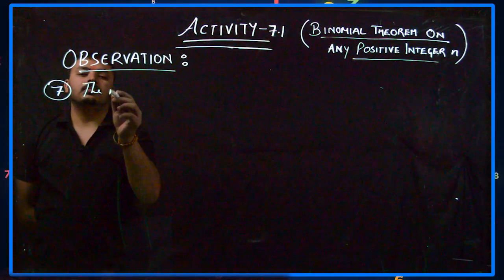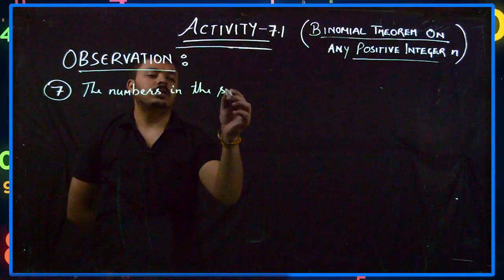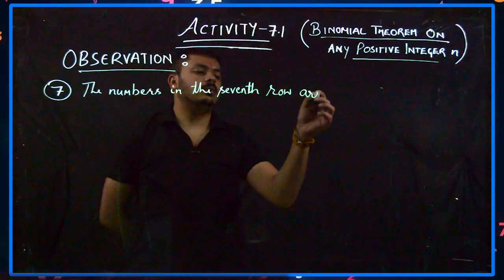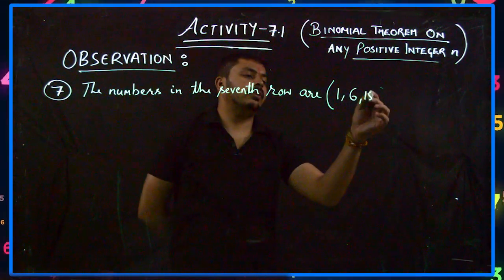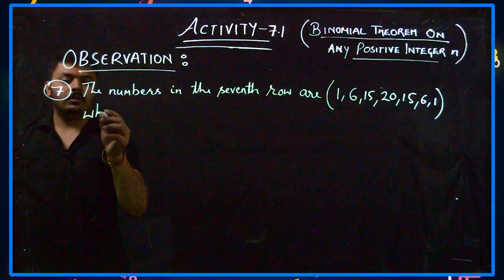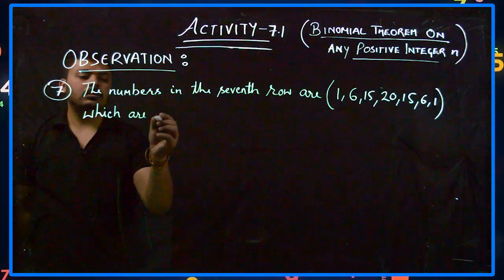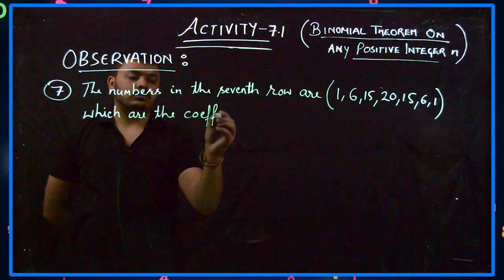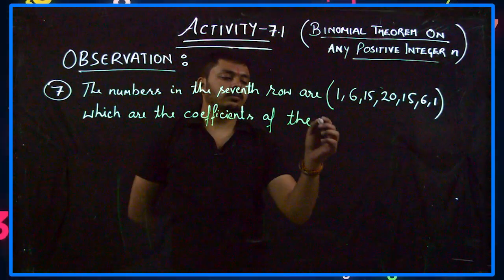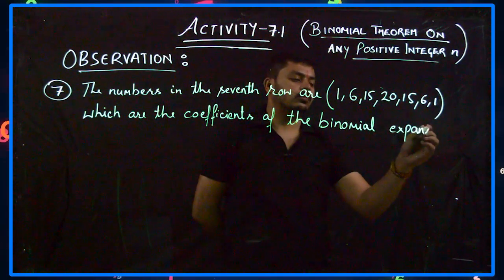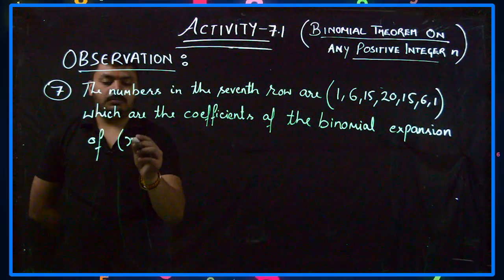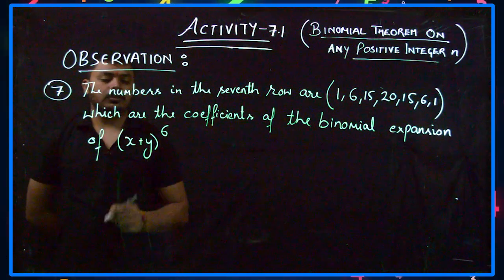So the numbers in the 7th row are 1, 6, 15, 20, 15, 6, 1, which are the coefficients of the binomial expansion of (x plus y) to the power 6.